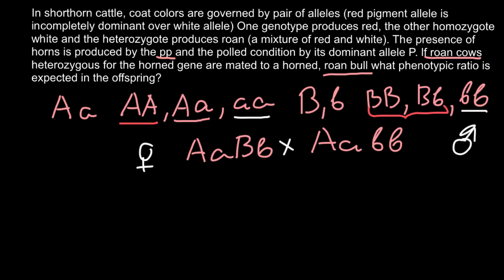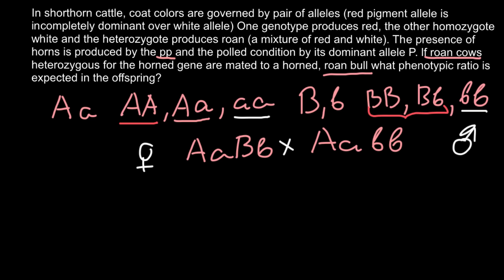Because nothing is told that the loci for these two genes are on the same chromosome, nothing is said that these are linked genes, we have to consider that these genes are on different chromosomes. So for each allelic pair, we can make a different Punnett square.